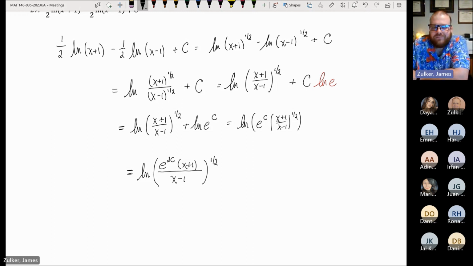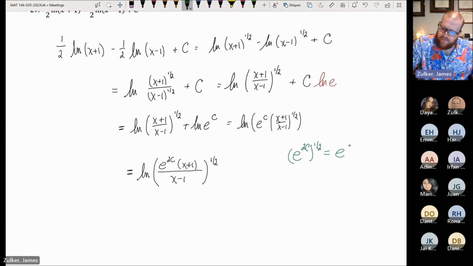If you take e to the 2c and raise it to the 1/2, it's just e to the c, isn't it?